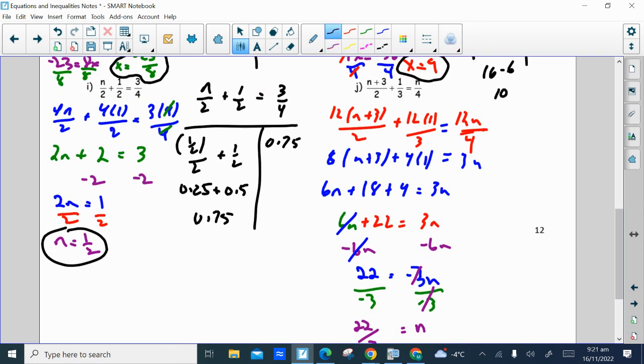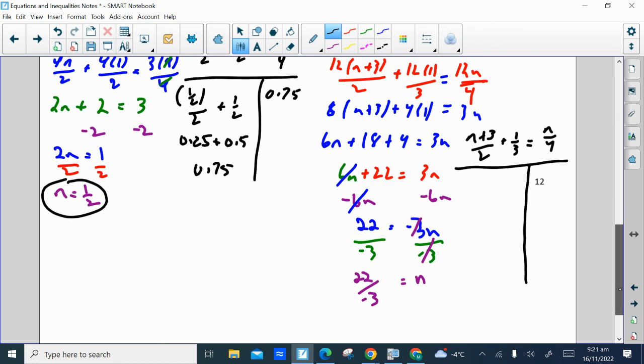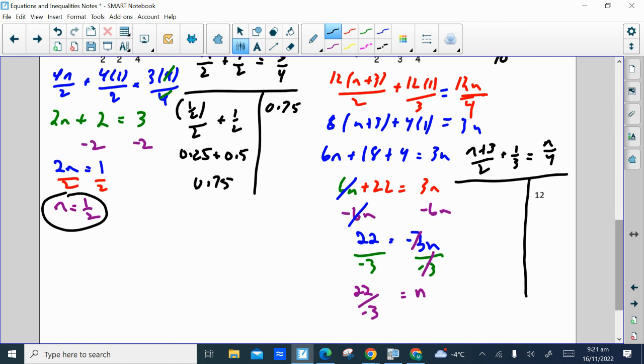So now, to use our check, we'll start with the original equation. n plus 3 all over 2 plus 1 over 3 has to equal n over 4. And n is 22 over negative 3.